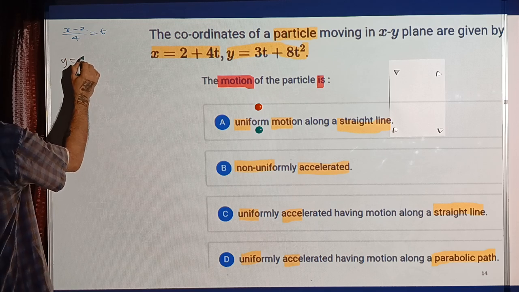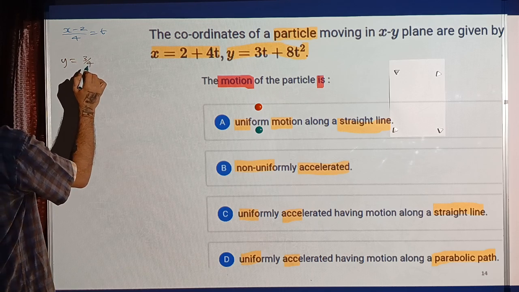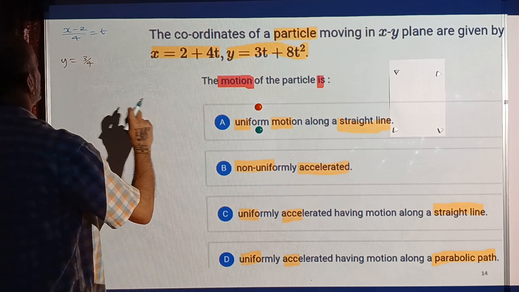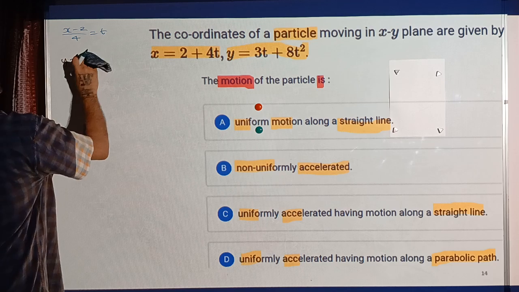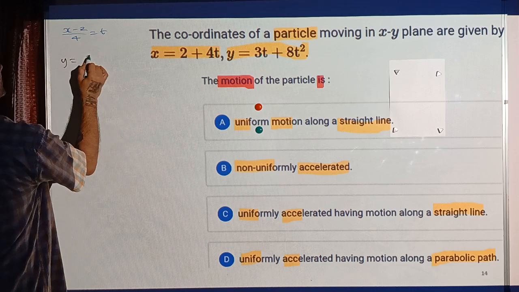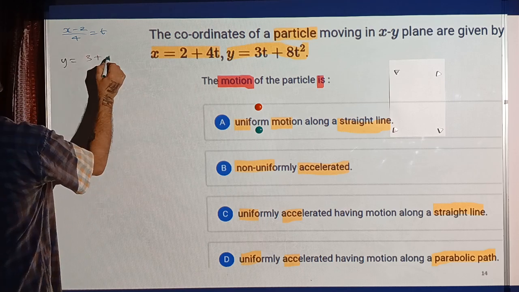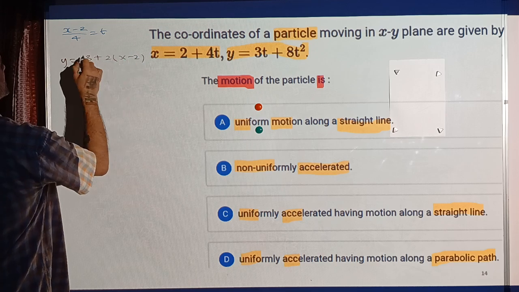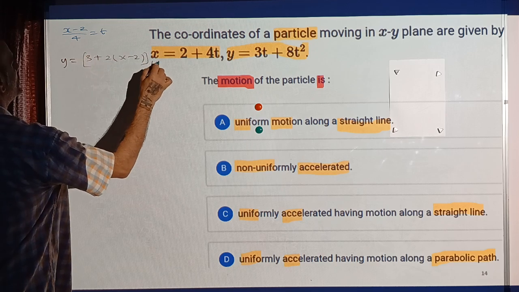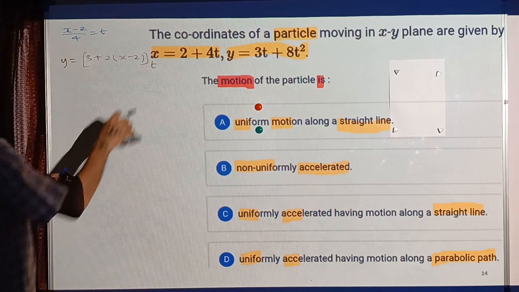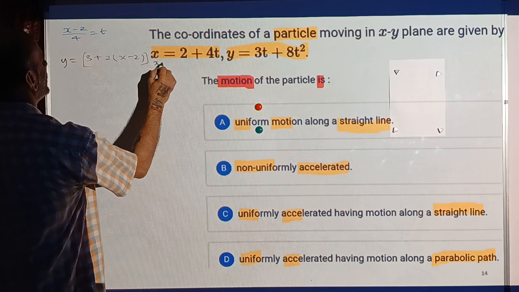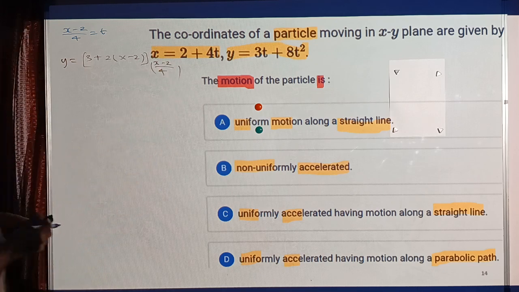So y equals 3t plus 8t square, or I can take t outside: it becomes 3 plus 8t, and 8t is twice x minus 2, with t common outside. T again I can put as x minus 2 by 4. So here the relation between x and y is a parabolic equation. So this is the correct one.